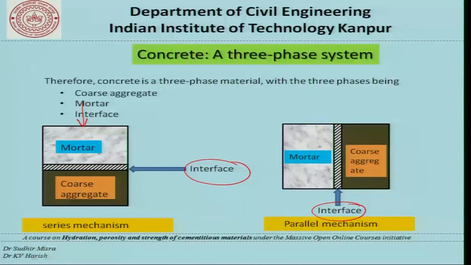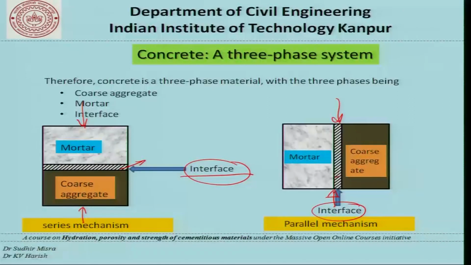So when the load is applied the way it is shown here versus the load is applied when it is shown here, in this case the role of the interface is quite different from the role of the interface here, and that is something which we must keep in mind when we model our concrete or when we understand the bulk properties of concrete.